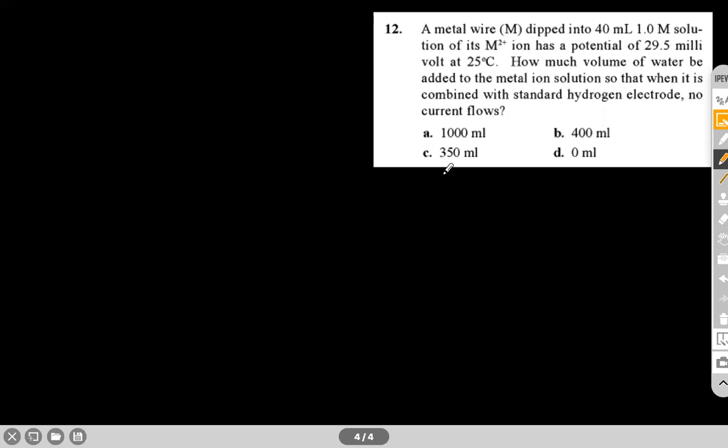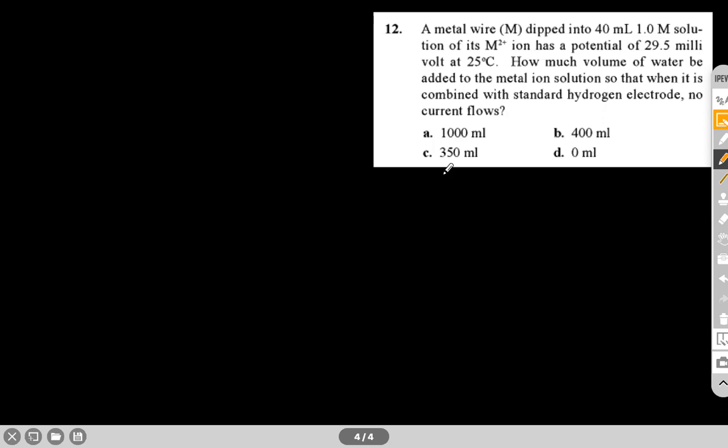The solution of M2 plus ion has a potential of this millivolt, right? How much volume of water will be added to the metal ion solution so that when it is combined with standard hydrogen electrode, no current flows?